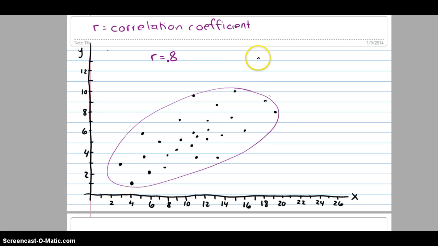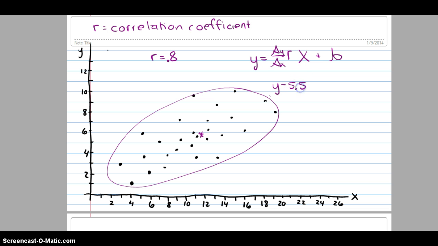The regression equation is y equals, the slope is the standard deviation of y over the standard deviation of x times r, times x plus the y-intercept. That's the guy I don't know. So I'm going to go back to the point slope form, y minus a point on the line I know, and the regression line, like the SD line, goes through the point of averages.